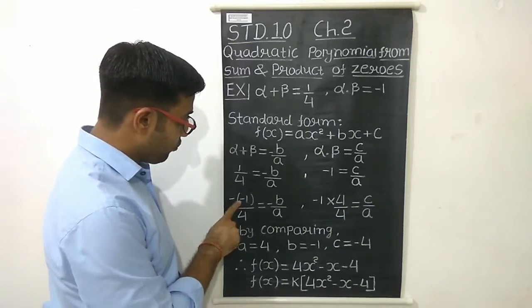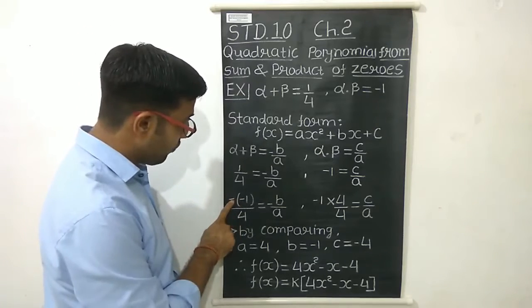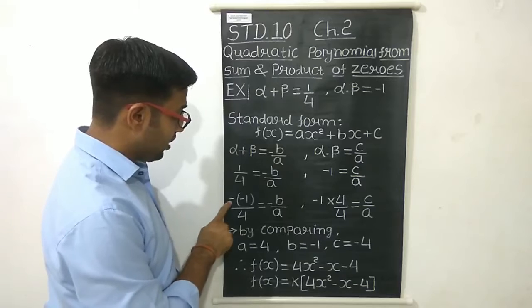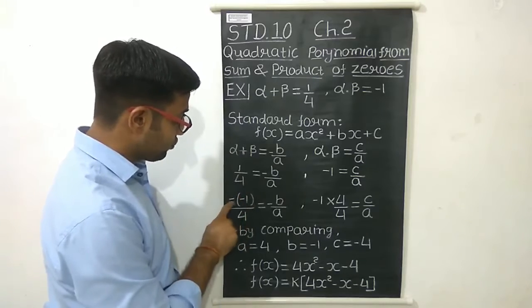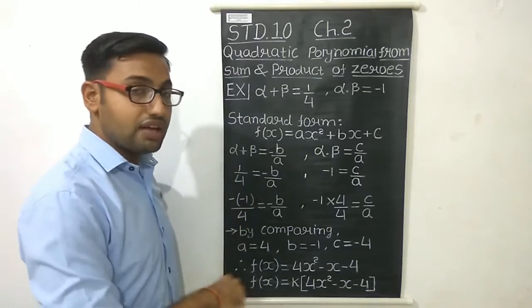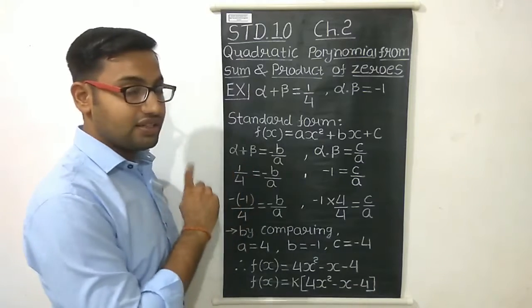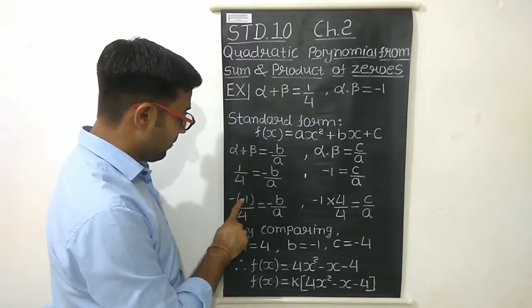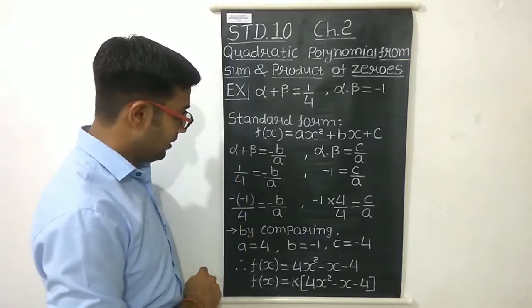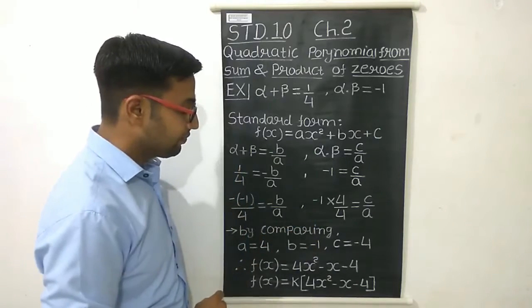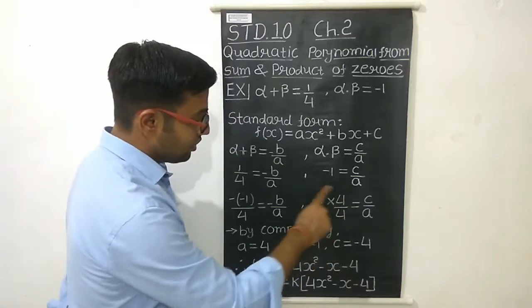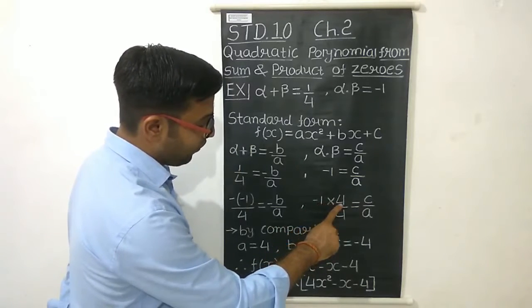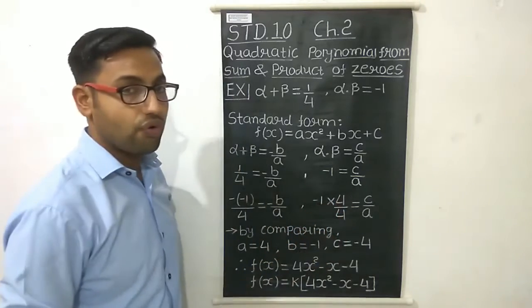We have to put two minus signs. Minus of minus 1. We are not actually changing the value of this one because minus minus becomes plus. We are just representing this one in another form. So here this becomes minus of minus 1 upon 4, right? And this side, this value also becomes minus 1 into 4, that is minus 4 upon 4.